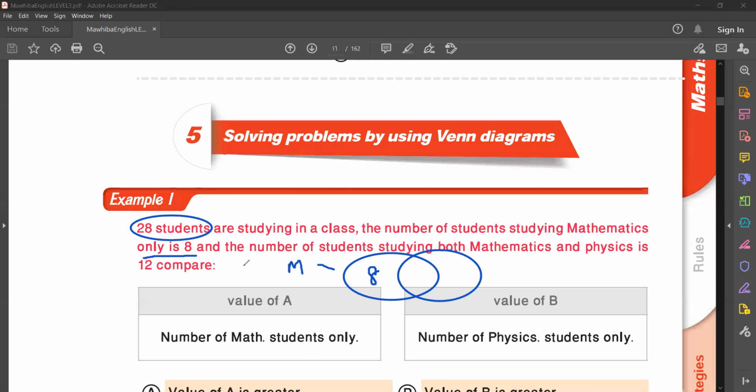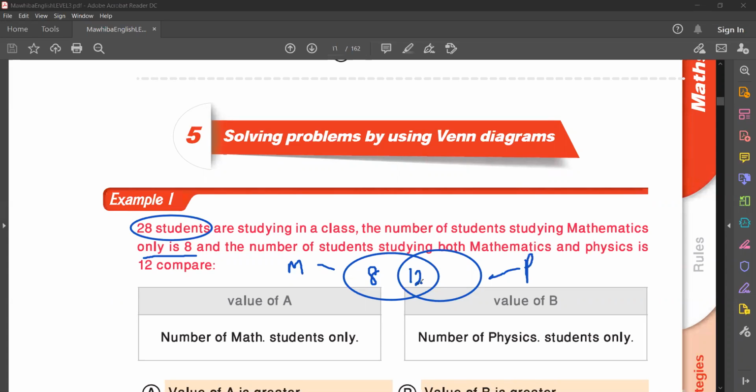And the second one, the number of students studying both mathematics and physics is 12. So now what is the remainder here? Because here it is physics. So what is the remainder? You subtract from 28 the 8 and 12.